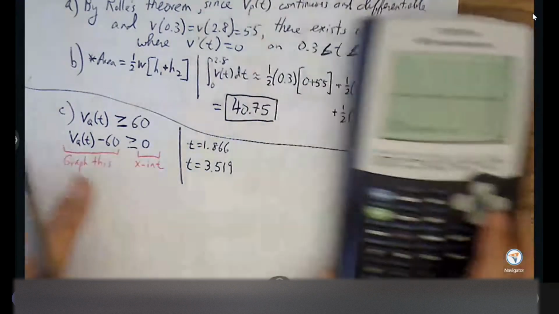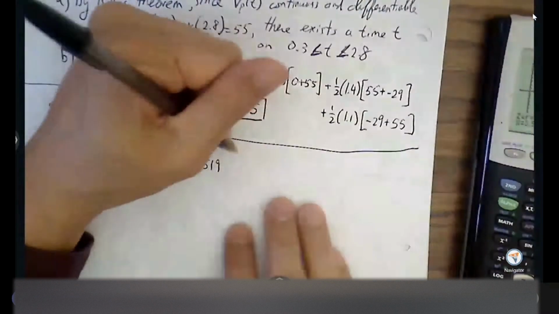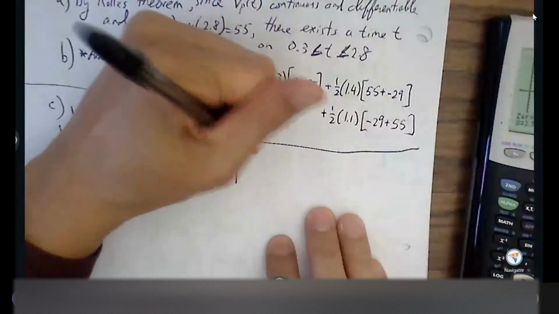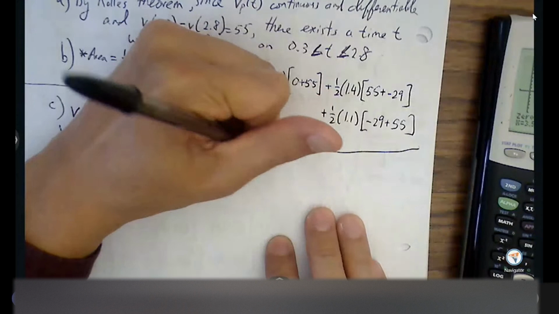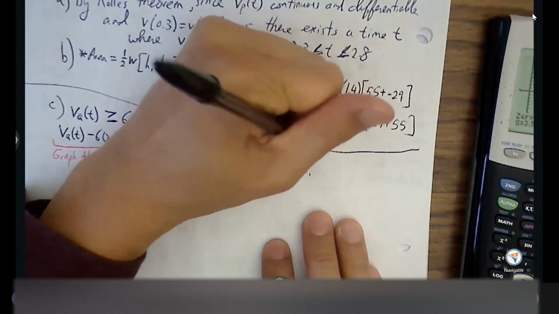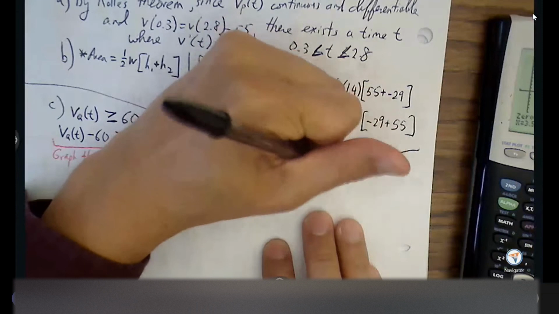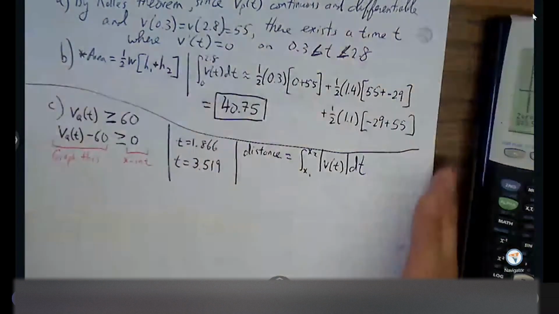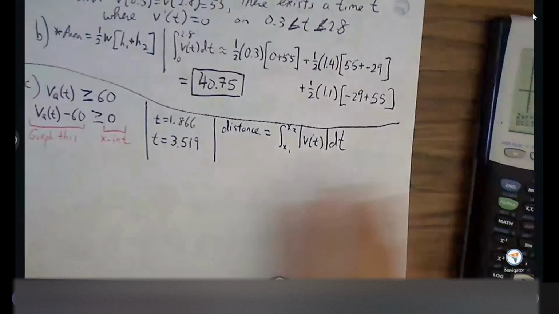So we know that there's a formula for distance. It's the integral from x1 to x2, absolute value of v of t dt. So we'll just apply that formula there.